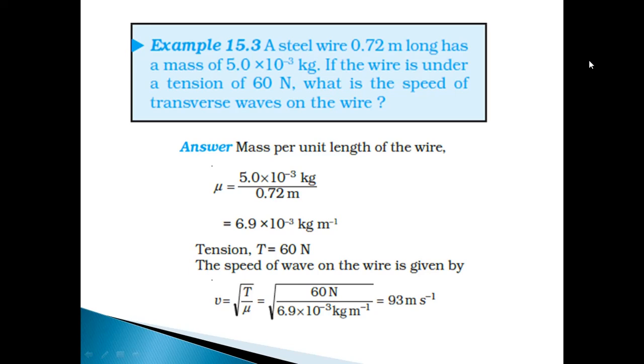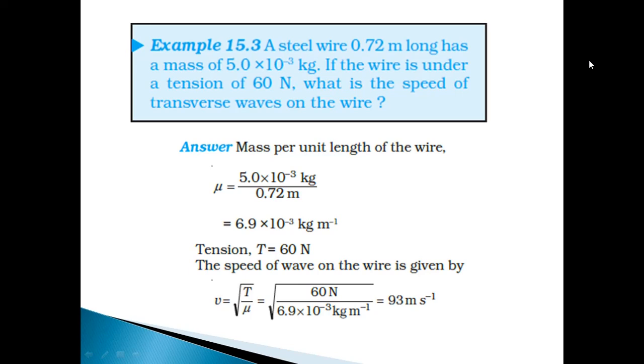Now, let us work out a very simple example. A steel wire 0.72 meter long has a mass of 5.0 into 10 to the power minus 3 kilogram. If the wire is under a tension of 60 Newton, what is the speed of transverse waves on the wire? You have to use the formula velocity is equal to square root of T by mu, where T is given as 60 Newton.